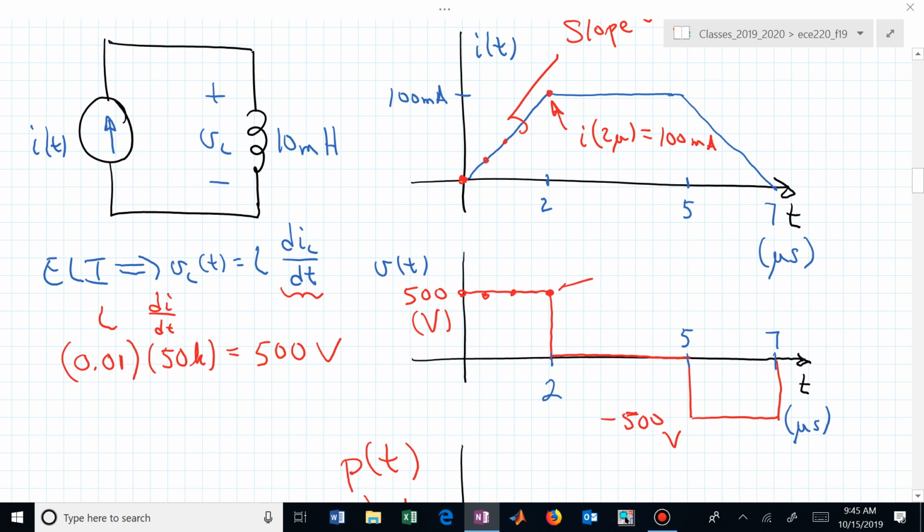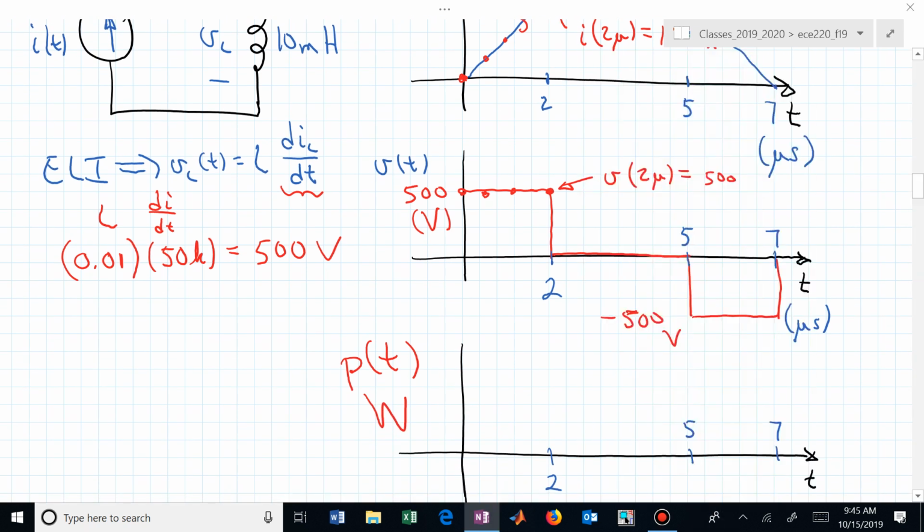Here is V at 2 microseconds, and that's 500 volts. We multiply those together, 0.1 times 500, and we end up with 50 for our wattage, and we were just sloping linearly up to that.